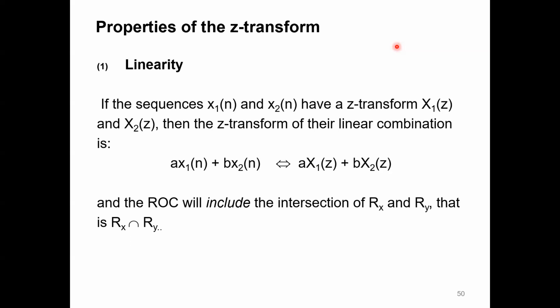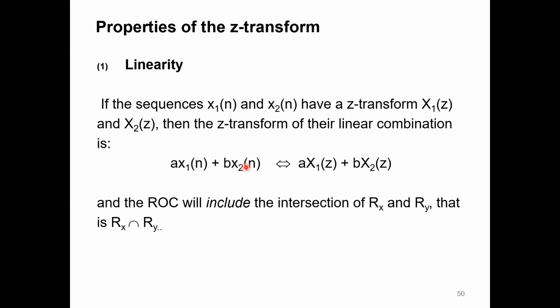One property is linearity, which means if you have two sequences, x1 and x2, you can actually calculate the z transform without any problem. But if you have these two sequences multiplied by two different constants and then add them together, what is the z transform of the resultant sequence?